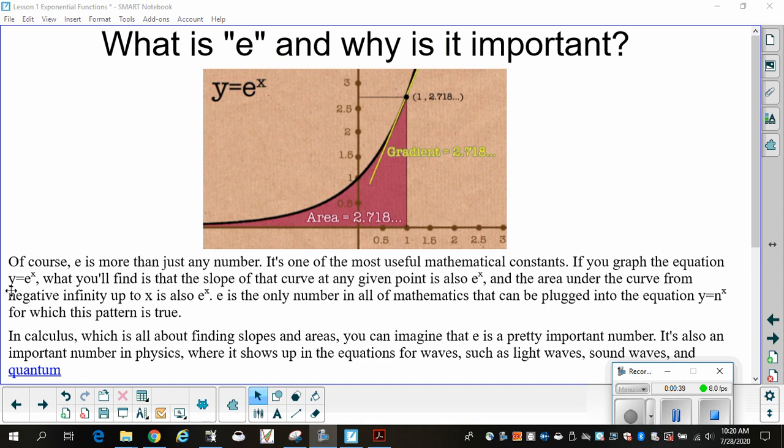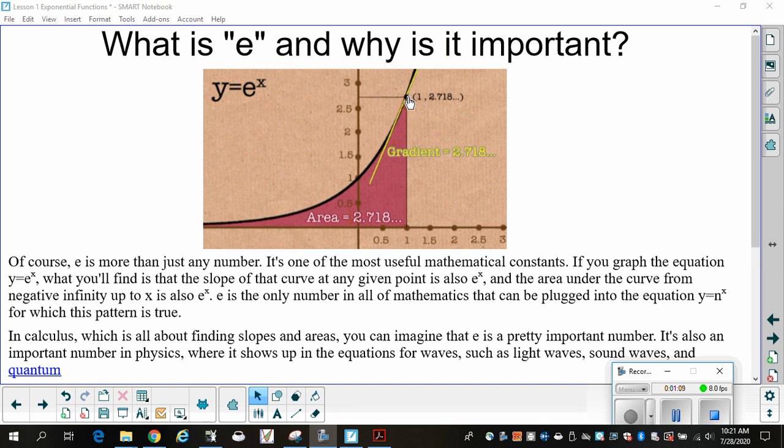If you graph the equation y equals e to the x, you're going to find that the slope of that curve at any given point is also e to the x, and that the area under the curve from negative infinity all the way up to that point is e to the x. It's a strange coincidence, but e is the only number in all of mathematics that can be plugged into the equation y equals n raised to the x for which this pattern remains true.